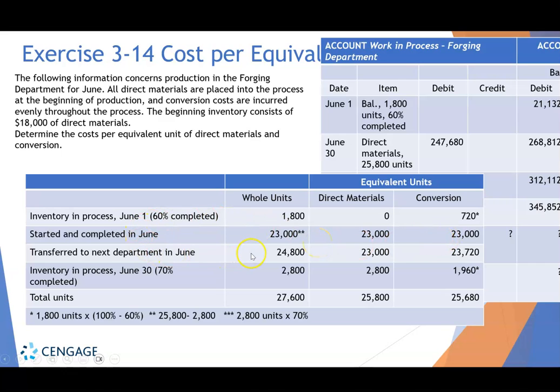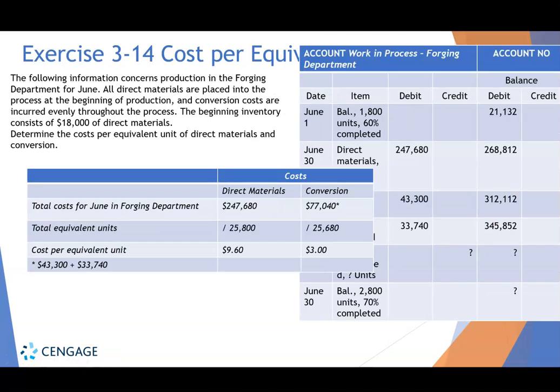We know what we transferred to the next department. We know what was on hand at the end of the period. So we have 27,600 total whole units. In terms of direct material, it was 25,800 units. And in terms of conversion, it was 25,680 units. So we need to figure out our equivalent units.